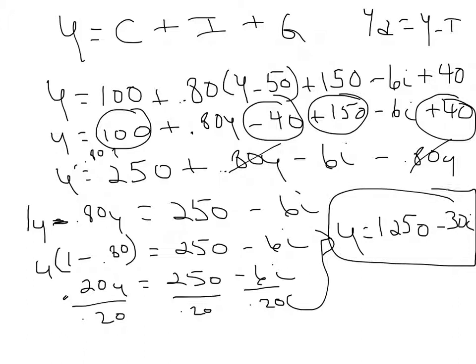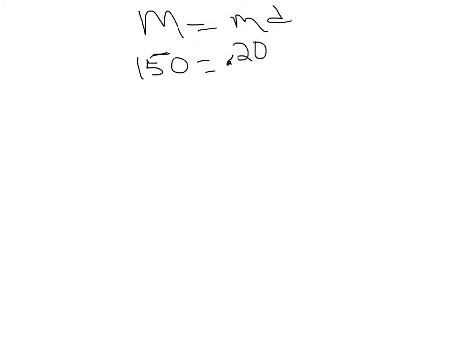So we're going to stop there for that, and now what we're going to do is solve for LM. For LM, we have money supply equals money demand. Our money supply was 150 equals, and our money demand was 0.20Y minus 4I.